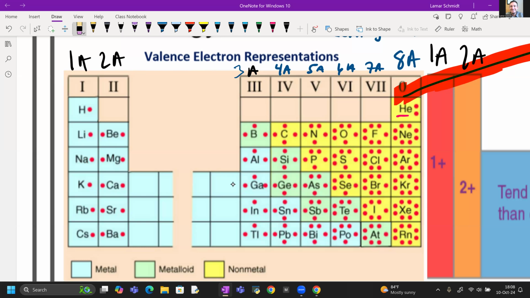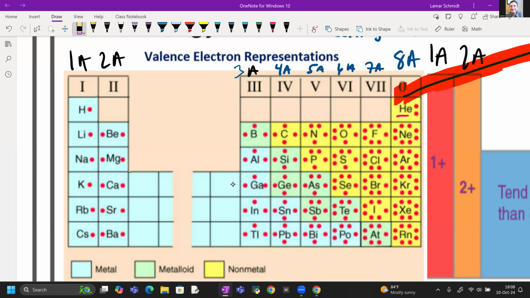And so if we go to group 1A, what we notice is each of those elements, hydrogen all the way through cesium, have only 1 dot, meaning that each of those have only 1 valence electron. If we wrote the electron configuration for every one of those, we would notice, sure enough, they have 1 valence electron. So group 1A has 1 valence electron.